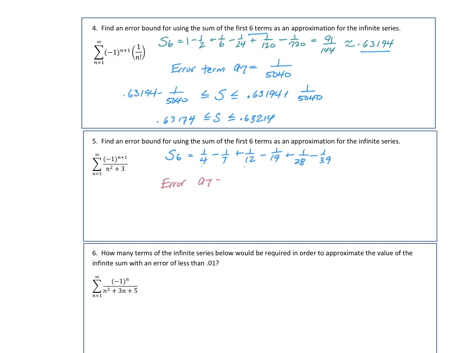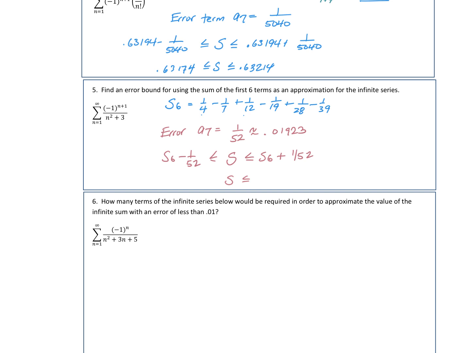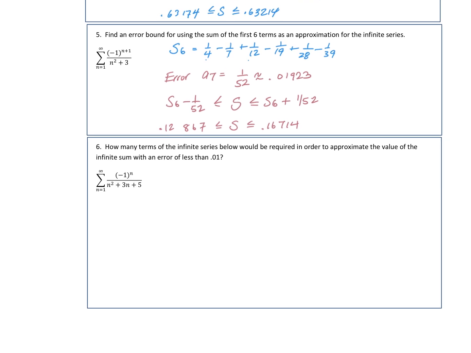So a sub 7 will be 1 over 52, which is about 0.01923. So my sum is going to be S sub 6 plus the 1 over 52, and S sub 6 minus the 1 over 52. I did get a final answer. So this would be 0.16714, and then 0.12867.